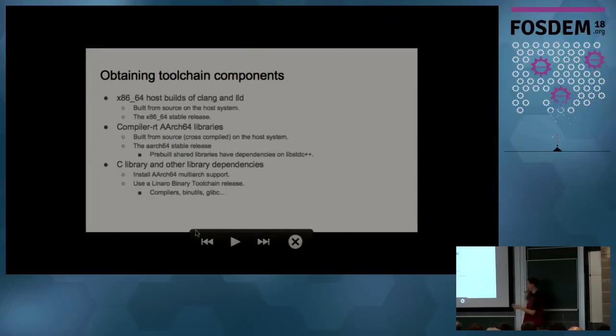We'll also have to find a C library and other various dependencies. There are two potential ways to do it. If your Linux distribution supports multi-arch, then that's usually a very safe way to go. I used the Linaro binary toolchain release, which is a directory that has a sysroot with all of the libraries that you generally need, plus the utils and GCC.